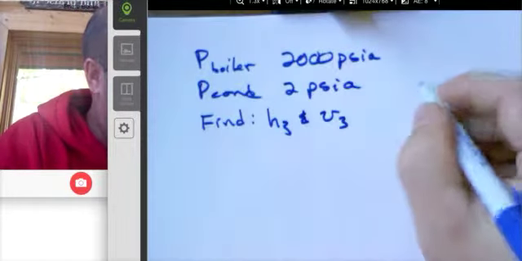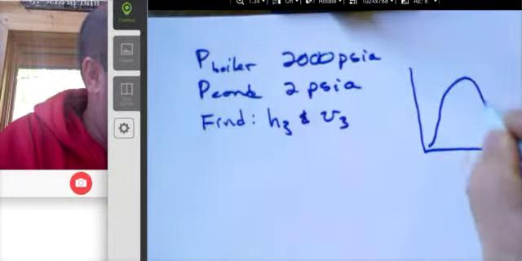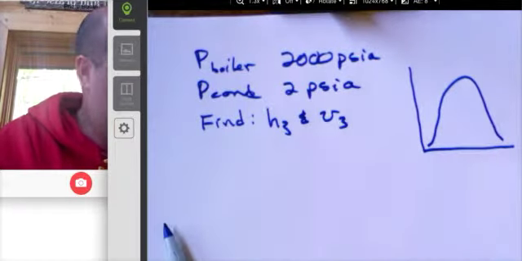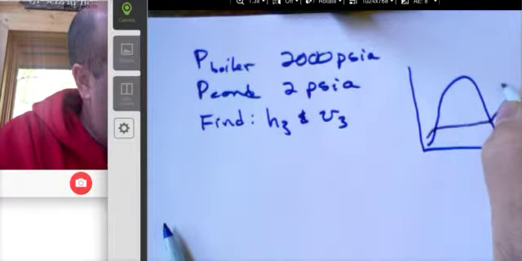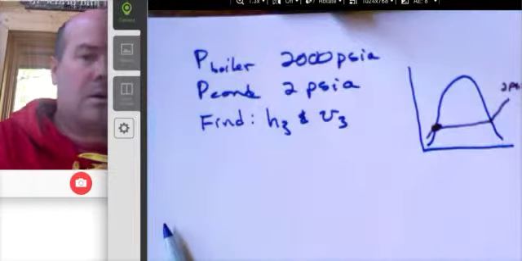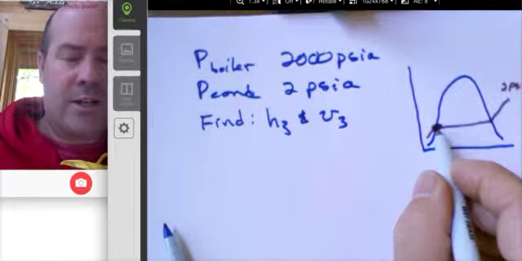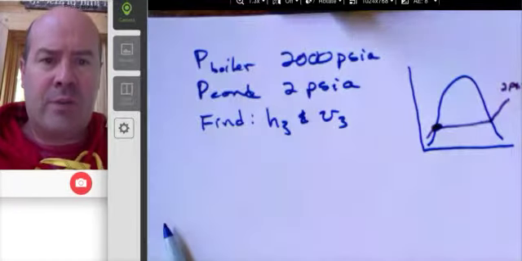And I guess before you do that, just a quick reminder of where point 3 is. It's at the low pressure, as a saturated liquid. Okay, press pause, find H3 and V3.